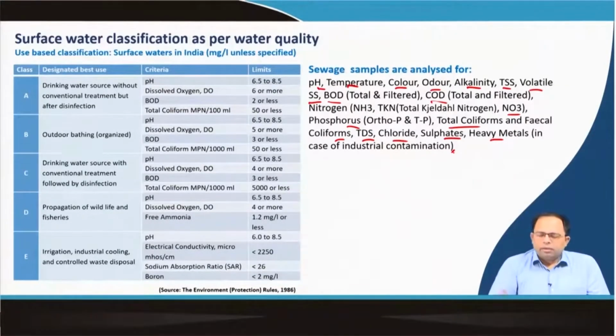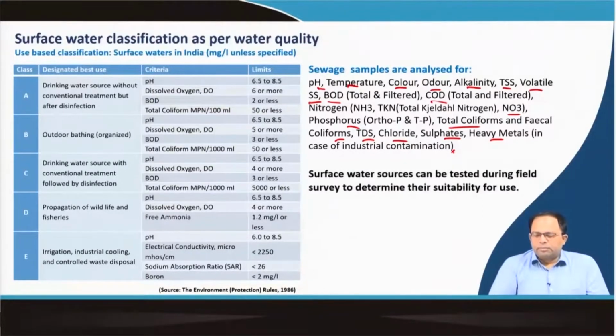Now, if you go to the field, for example when you conduct a survey, you can test the surface water sources during the field survey and determine if they are suitable for certain purposes. If not, then we have to propose certain remedial measures.